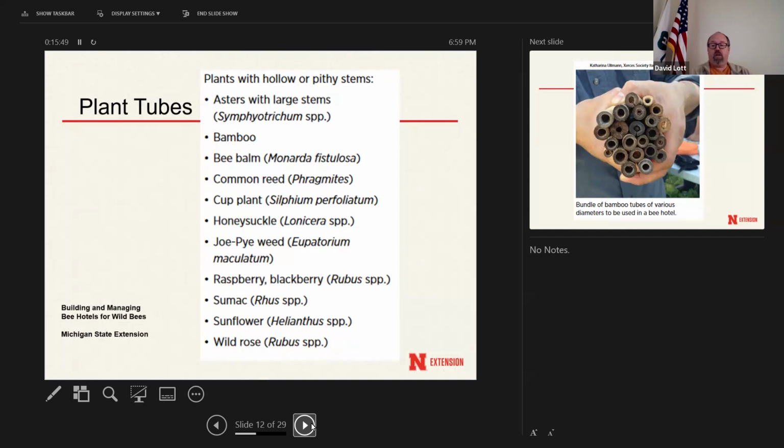So don't feel bad about taking the canes off of your hybrid teas when you're cutting them back. You could use those. And a lot of times you will see leafcutter bees down in the pith. They will dig that out and lay their larvae and pack those canes back tight full of larvae. So they're doing it on their own. We're just wanting to help them along.